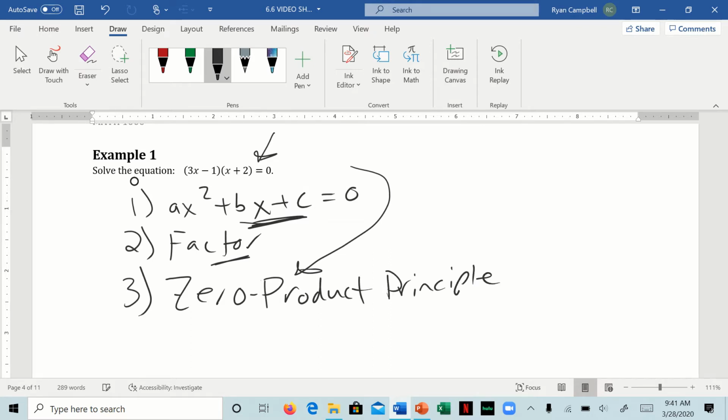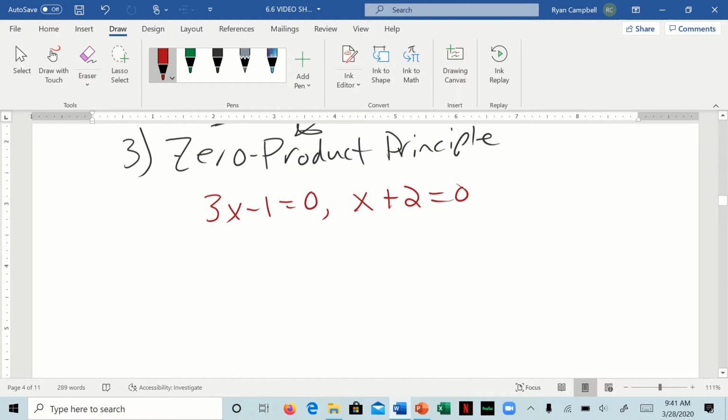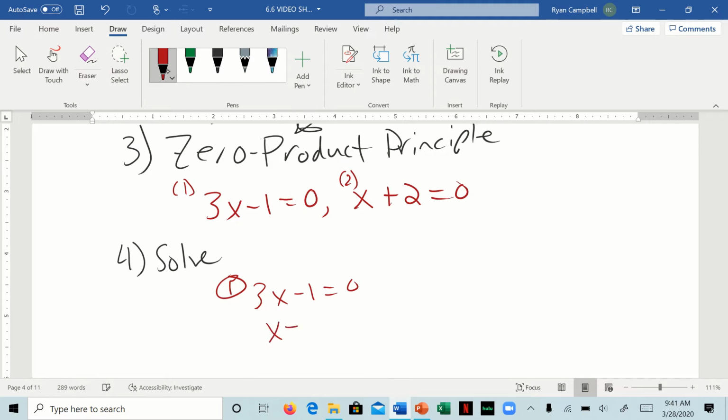Which means we're going to set each of them equal to 0. So 3x minus 1 equals 0, or x plus 2 equals 0. So we have two equations, and for step 4 we need to solve each of them. The first equation, 3x minus 1 equals 0, just means x equals 1/3.